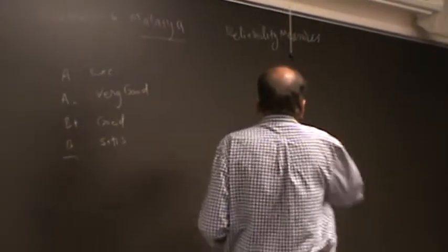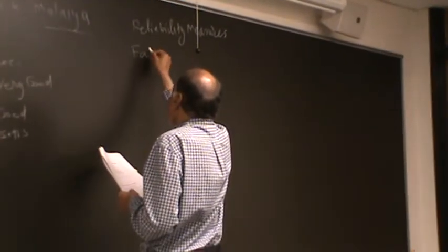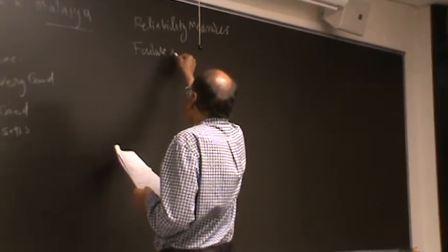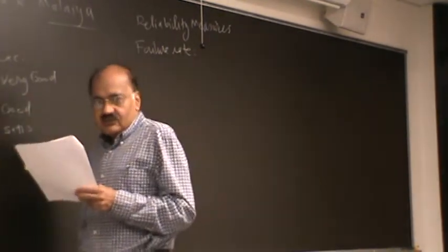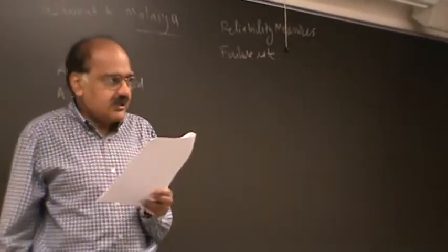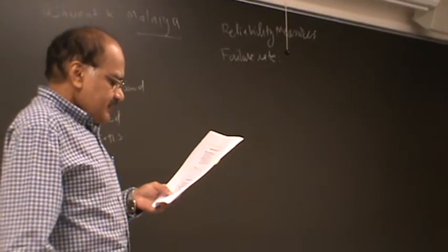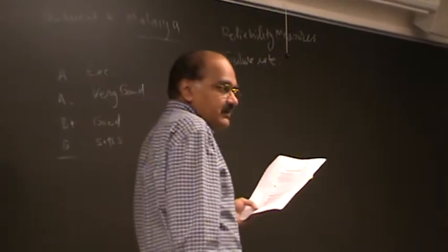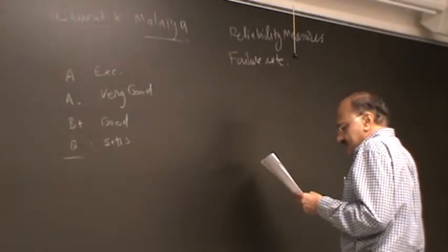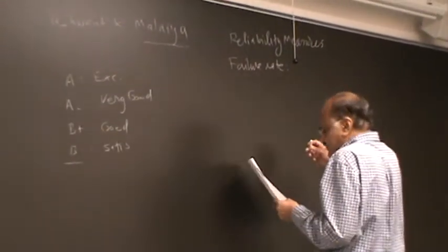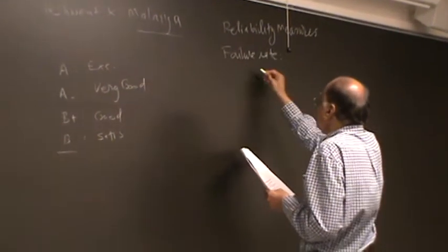And so failure rate is one of them. Now, you will see the term failure rate used for both hardware and software. And we can define failure rate as the fraction of units failing per unit time.